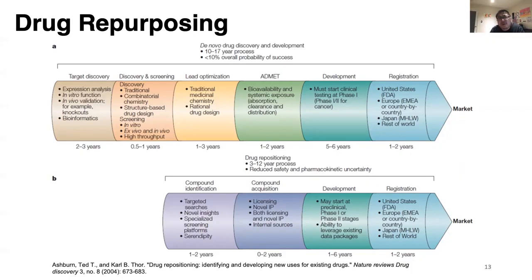Drug repurposing is attractive for treating COVID-19 in this pandemic because it can save a lot of time and is much more efficient and effective, of course, if we can successfully discover a repurposing candidate.